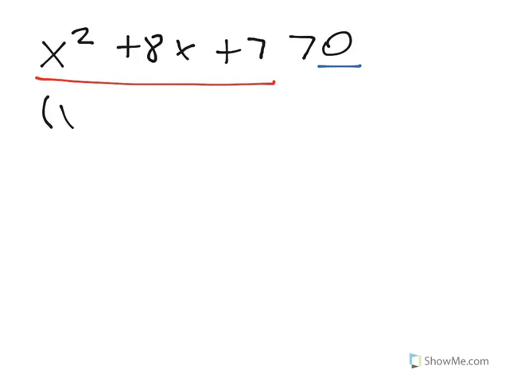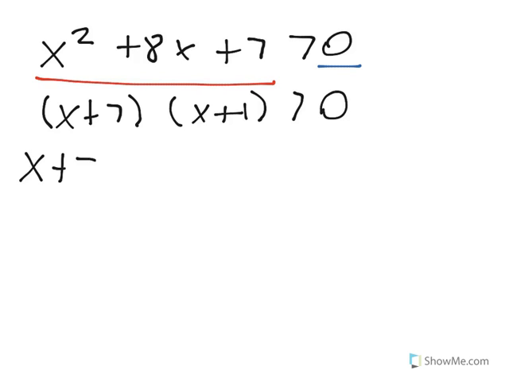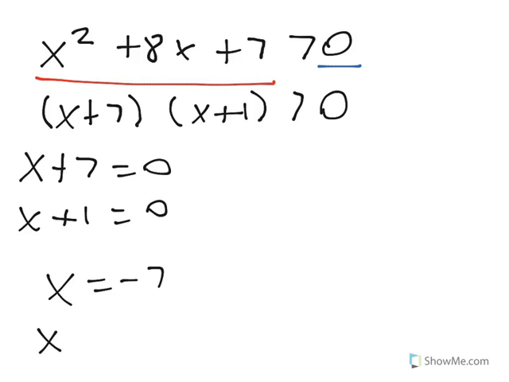So you're going to get x plus 7 times x plus 1 is greater than 0. And then you will set those equal to 0. So x plus 7 equals 0, then x plus 1 equals 0. So x equals -7 and x equals -1.